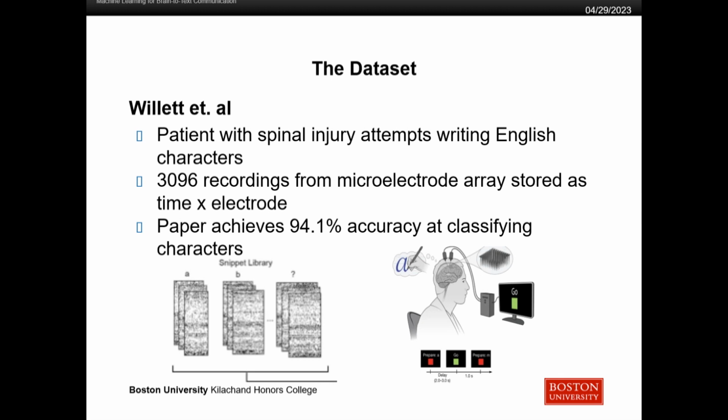The Willett paper published a data set of 3,096 electrode recordings, each of which corresponds to a single written character, characters A through Z, and a couple of punctuation marks and spacing marks were evenly represented in that spread of data.